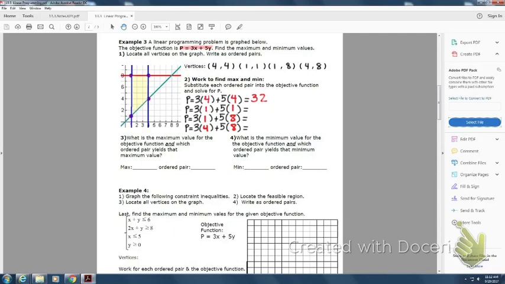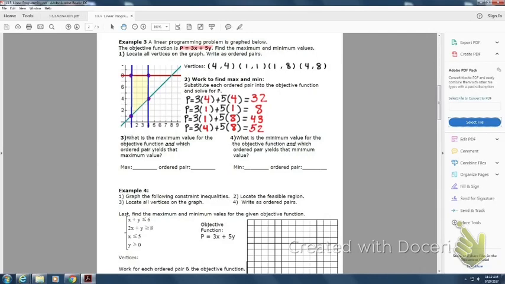Zach, whenever you plugged 1, 1 in there, what'd you get? What was that? 8? Paulina, whenever you plugged 1, 8, what'd you get? And Ryan, whenever you plugged in 4, 8? 52.